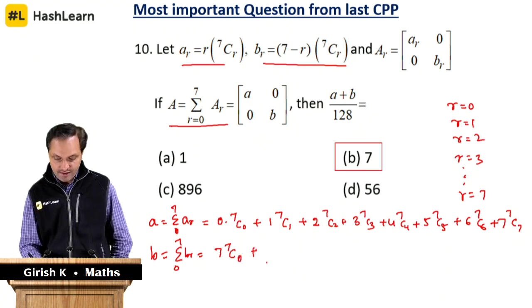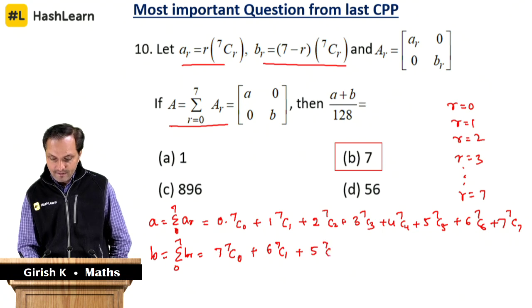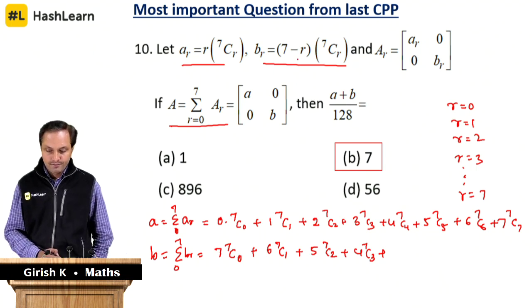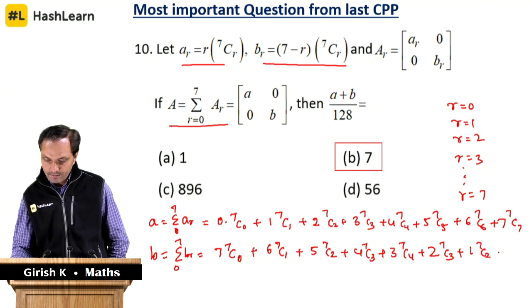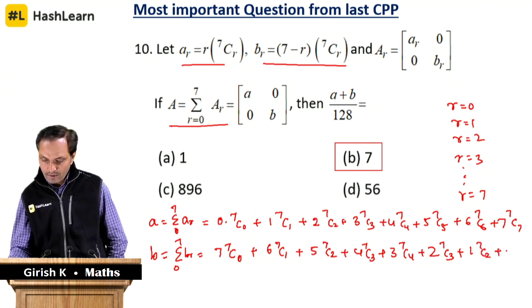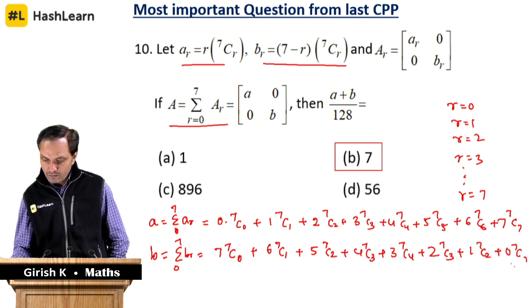7 minus 1 is 6, 7C1; 5, 7C2; 4, 7C3; 7 minus 3, 7C4; 2, 7C3; 1, 7C2; 0, 7C1.